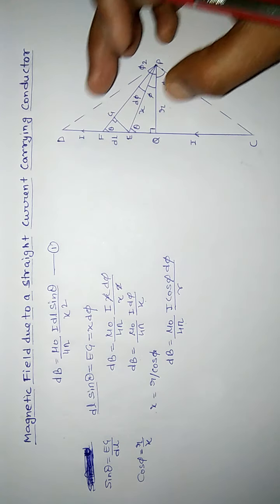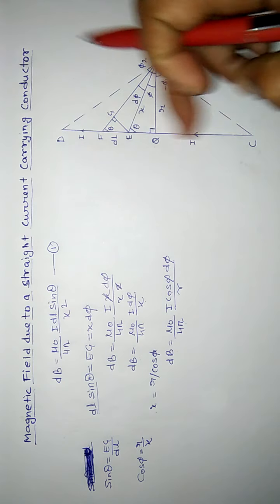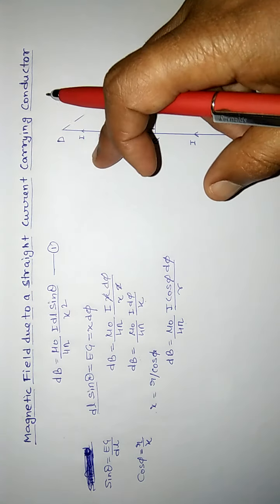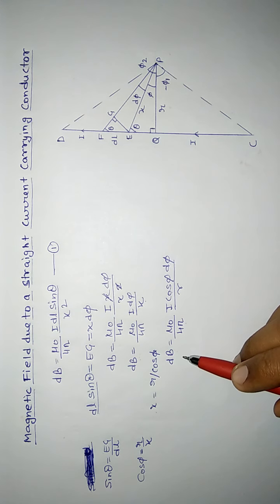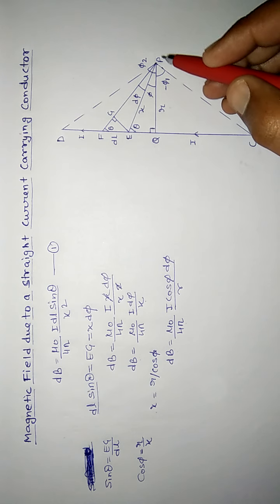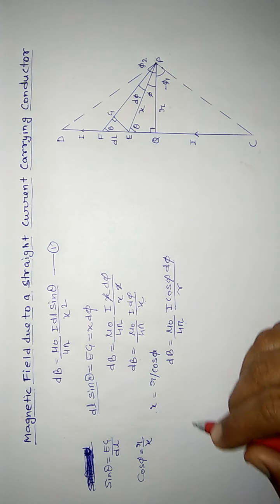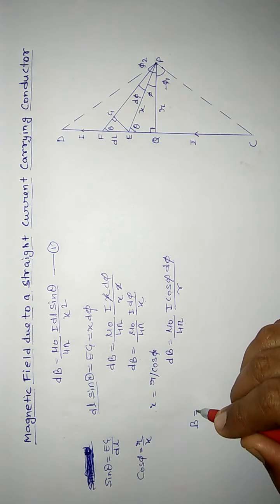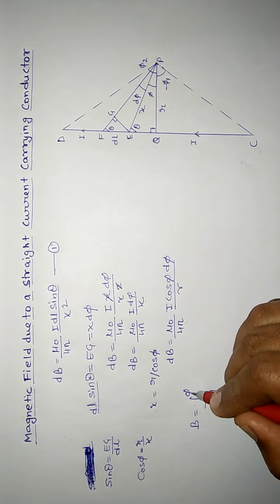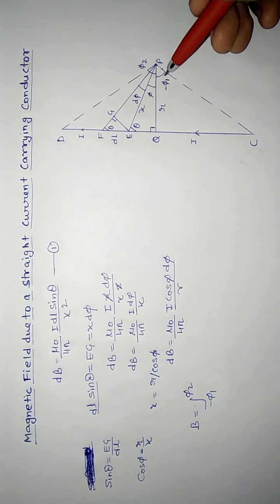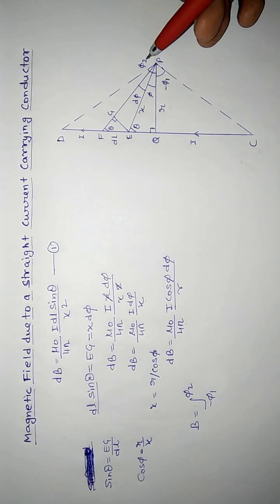For calculating the total magnetic field due to this whole conductor CD, we have to integrate this quantity. For this, B will be equal to the integration from minus phi 1 to phi 2. It is taken because this angle is minus phi 1 and this is phi 2.